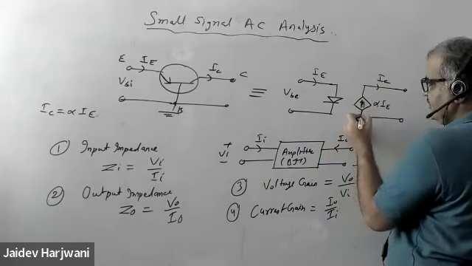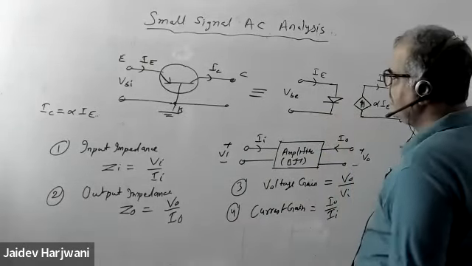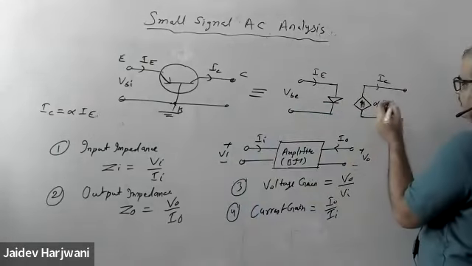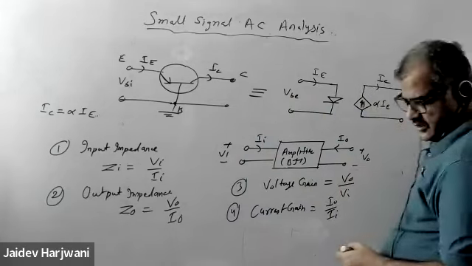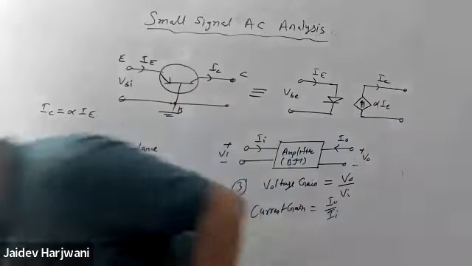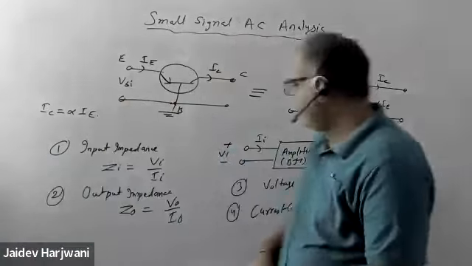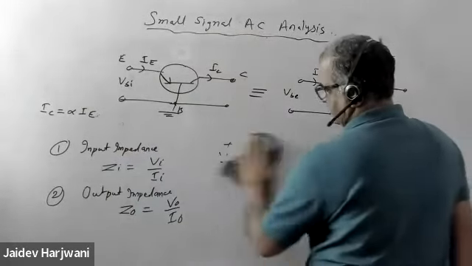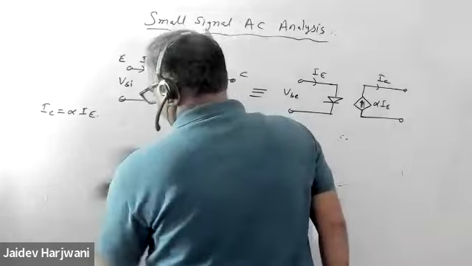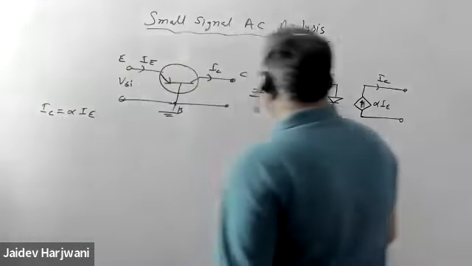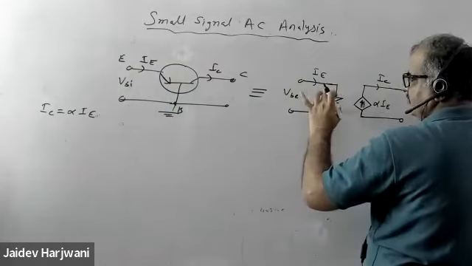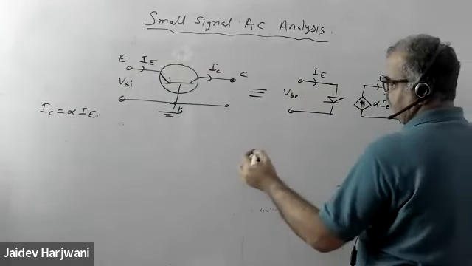Whenever you see a transistor, of course there will be an input resistance and an output resistance also. So let me modify this equivalent circuit a little bit more. Whenever you are applying an AC signal, a diode can be replaced by a resistance.